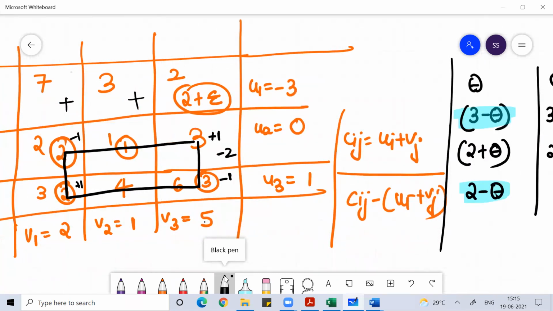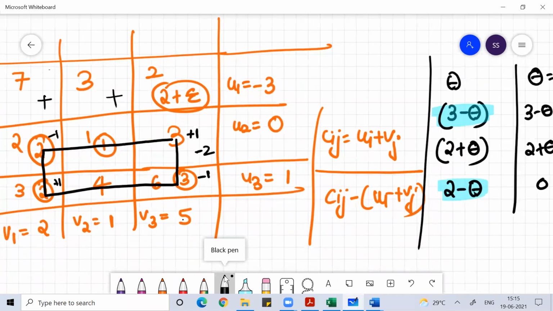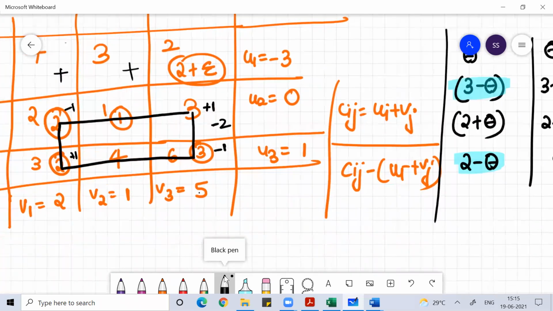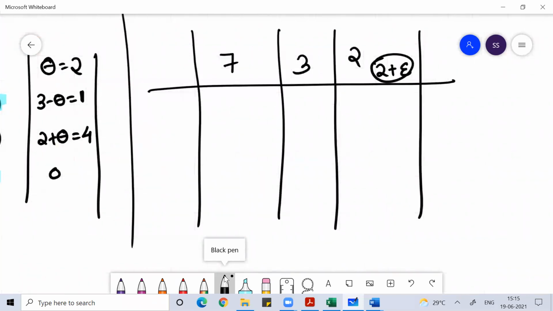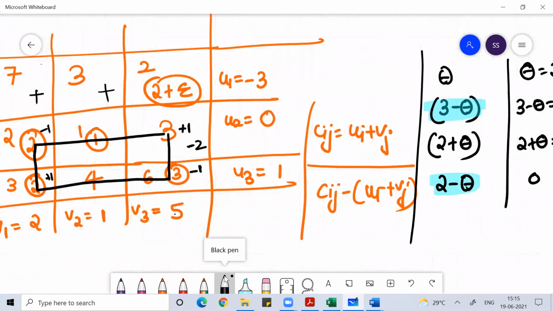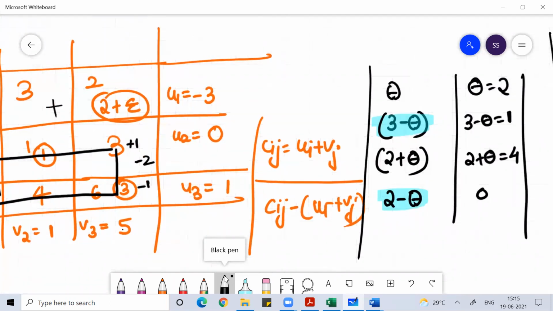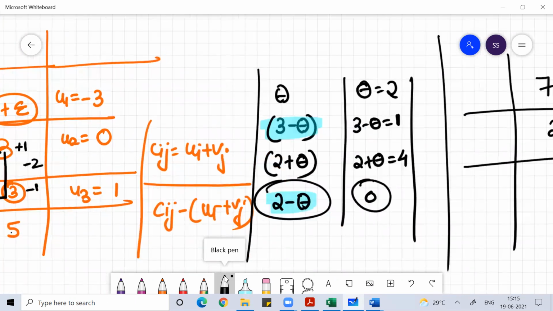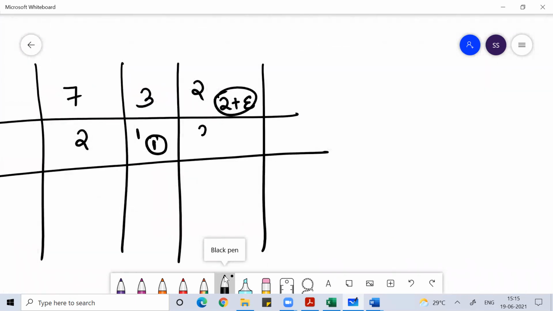Then 2, 2, 1, 1, 2, 1, 1. Yeah, because this 2 I have taken, right? This 2 I have taken, and this made 0. So 2, 1, 1, then 3. And here 3 became 2, right? Here the 3 got the allocation 2.